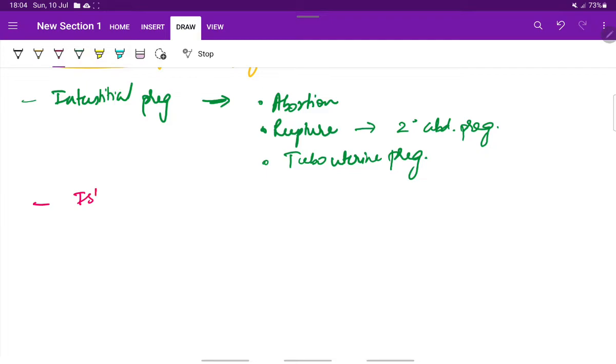Next is isthmic pregnancy. The method of termination would be rupture, which occurs at an earlier stage because the isthmus is the narrowest part of the fallopian tube, at around 6 to 10 weeks.